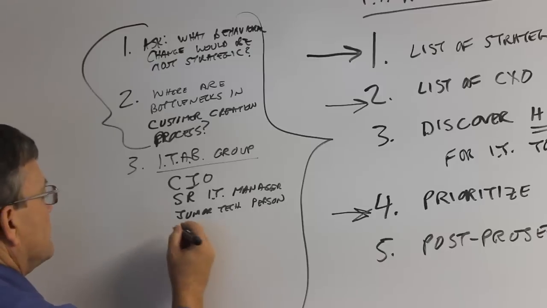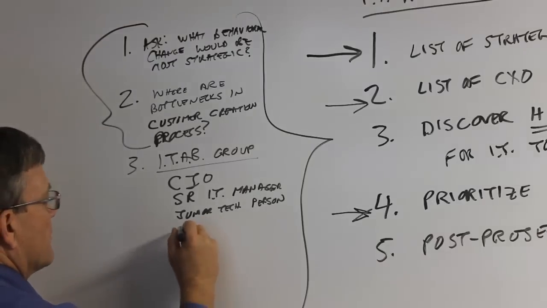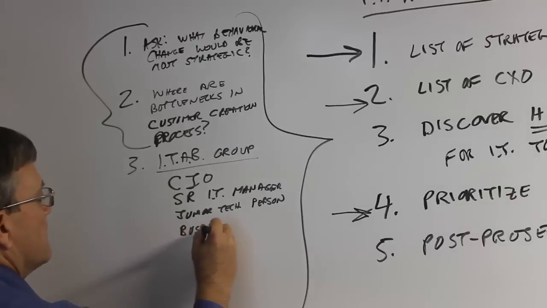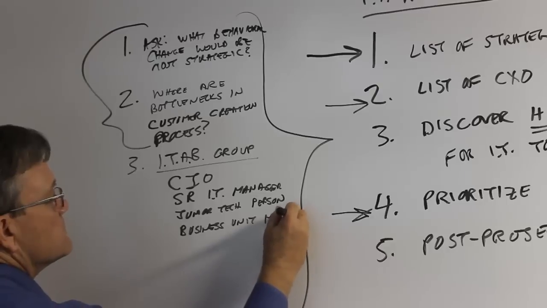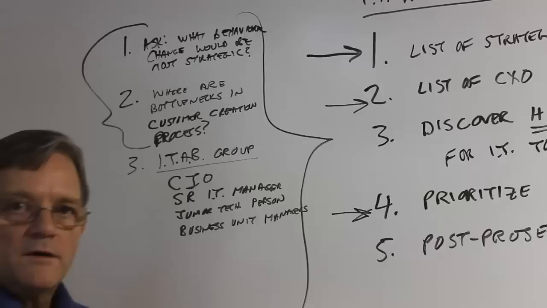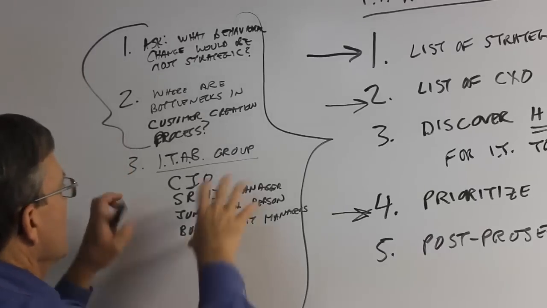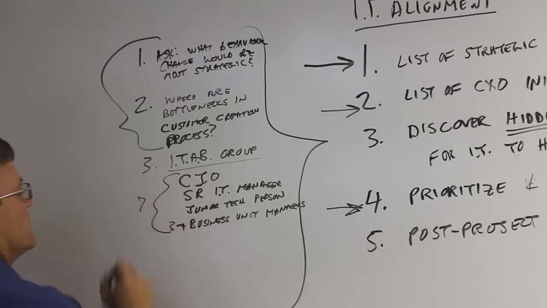And then you want to have 3 or 4 business unit managers. The higher up, the better that will be. And so this is altogether maybe 7 people.